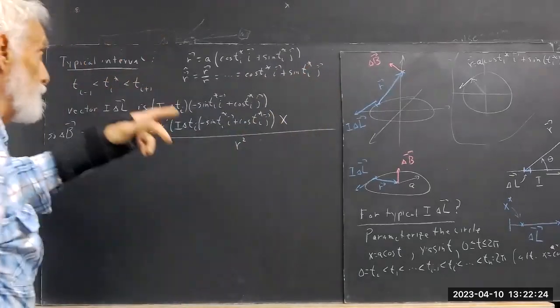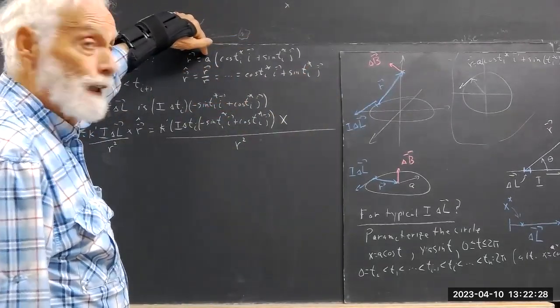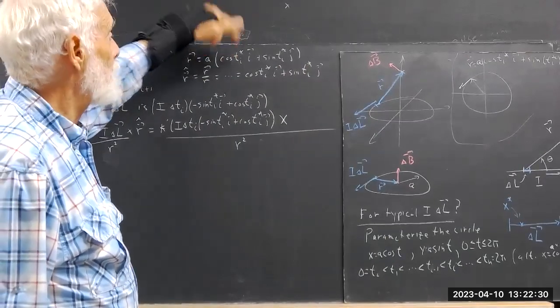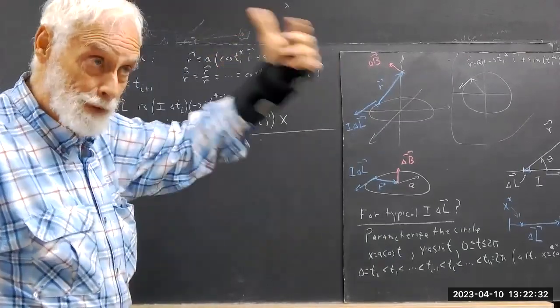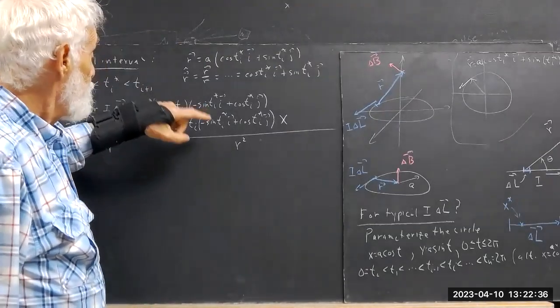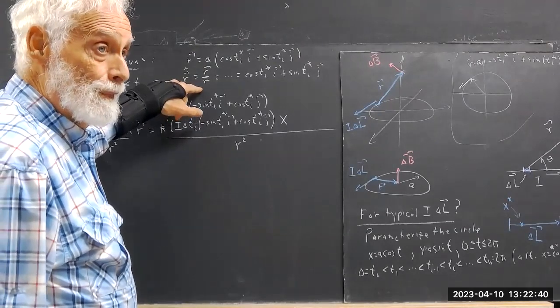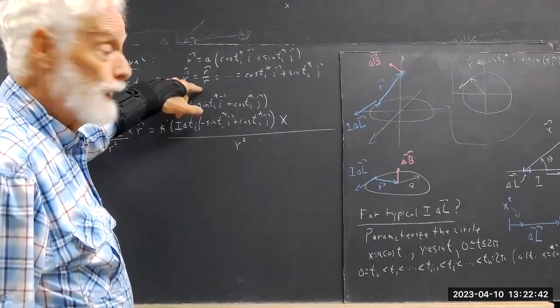Is just this because the magnitude of R is just a times the cosine squared, which is one. So when you divide by R, the magnitude of the R vector, that's the thing.